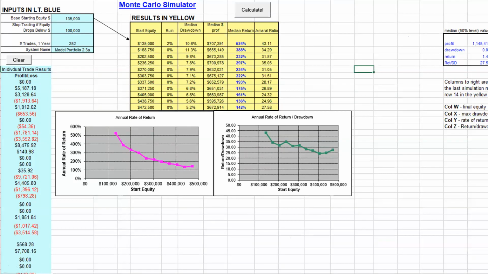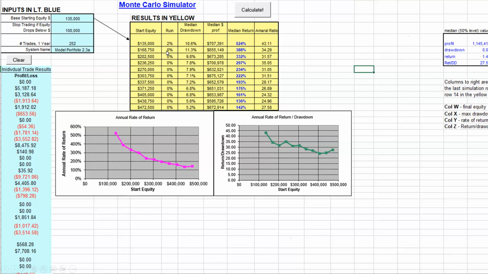And the Monte Carlo gives me a percentage chance of not really blowing up, but hitting my stop capital. And this is what I use for my portfolio of strategies to know how much capital I'm going to trade. And you can see when it goes up in capital, the next row says 168,750, there's a 0% chance of risk of ruin, right?